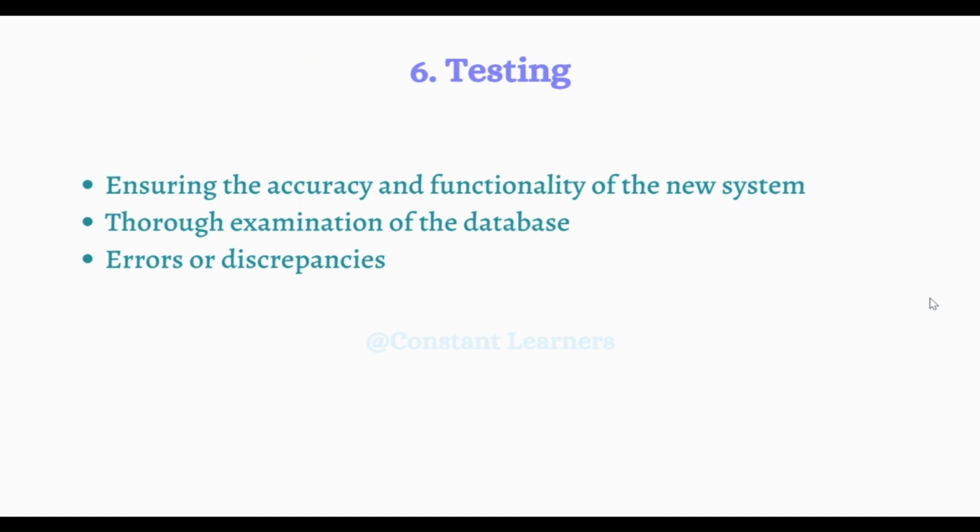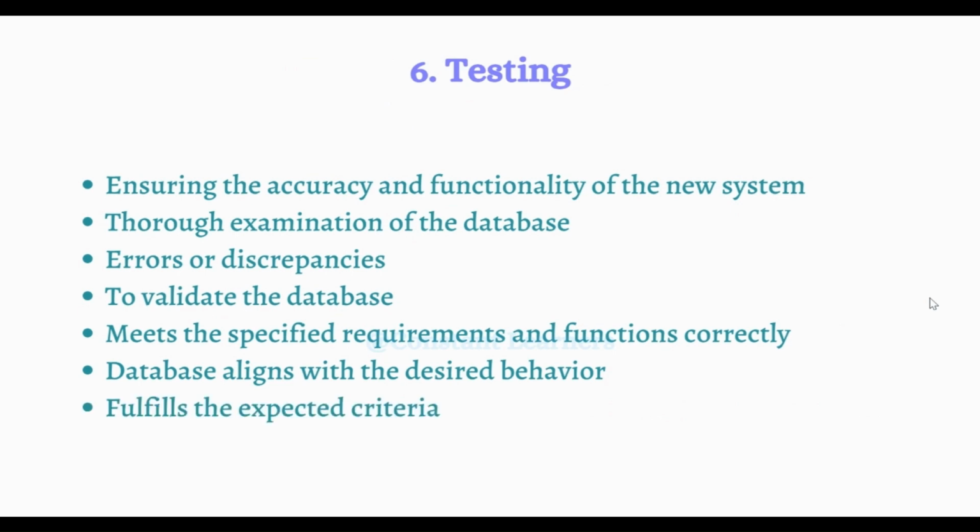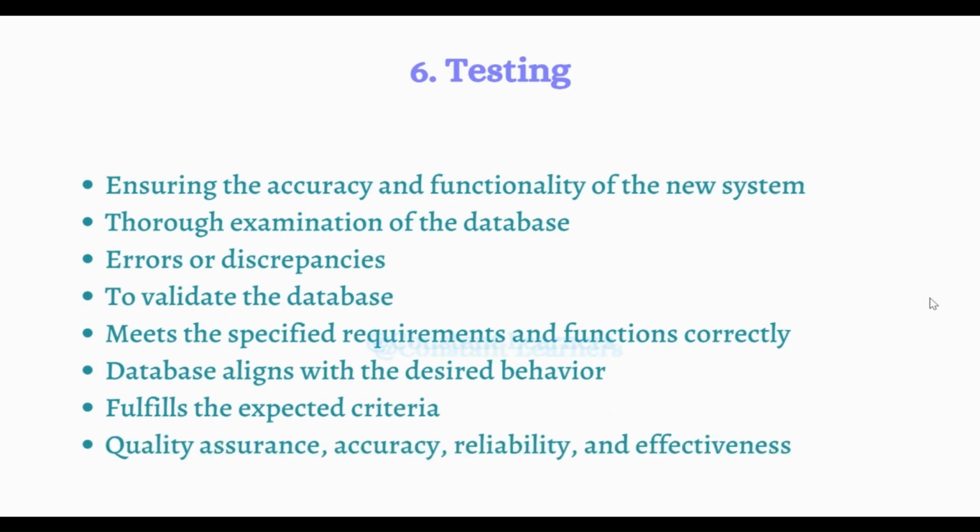The primary objective is to validate the database, that is, whether it meets the specified requirements and functions correctly or not. Through rigorous testing, we can verify that the database aligns with the desired behavior and fulfills the expected criteria or not. This stage acts as a quality assurance measure, assuring the accuracy, reliability, and effectiveness of the database.